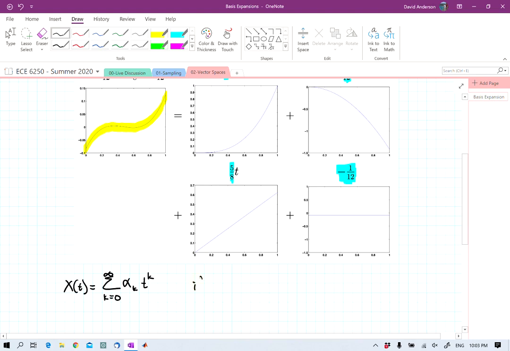And if we take our coefficients to be the kth derivatives evaluated at 0 all over k factorial, we come up with the Taylor or Maclaurin series.